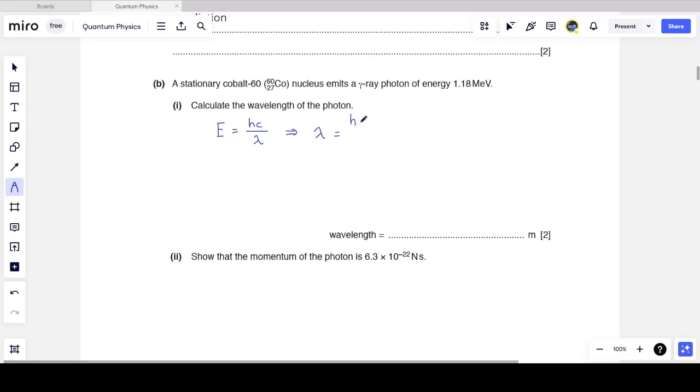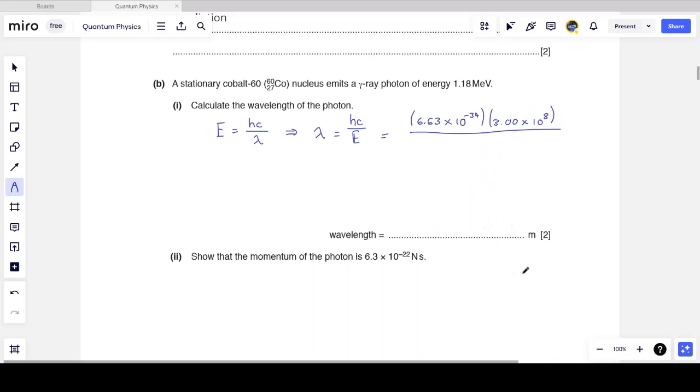And this you would have done a million times, and it's not really going to trouble you. So lambda is hc over E, which is Planck's constant. You go to your data sheet, find all of these values: 6.63 times 10 to the minus 34 joule seconds, times the speed of light, 3.00 times 10 to the 8 meters per second, divided by the energy.